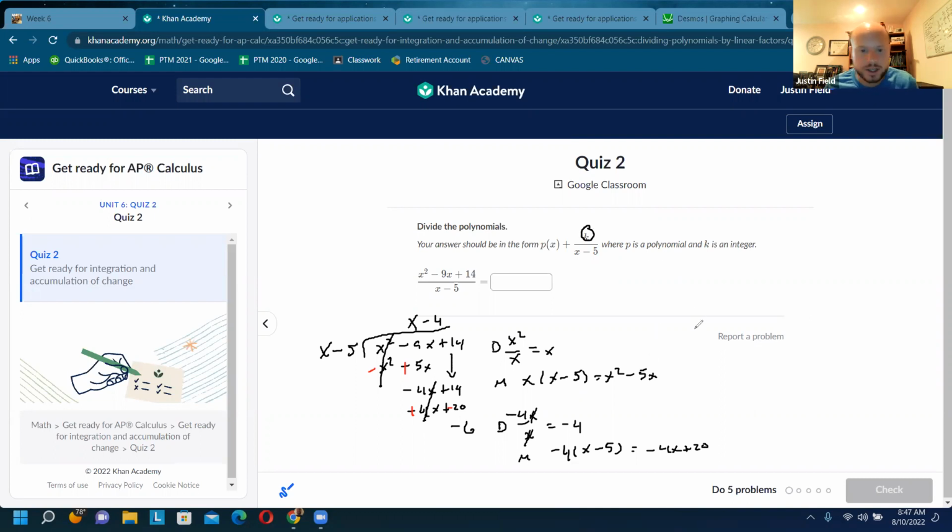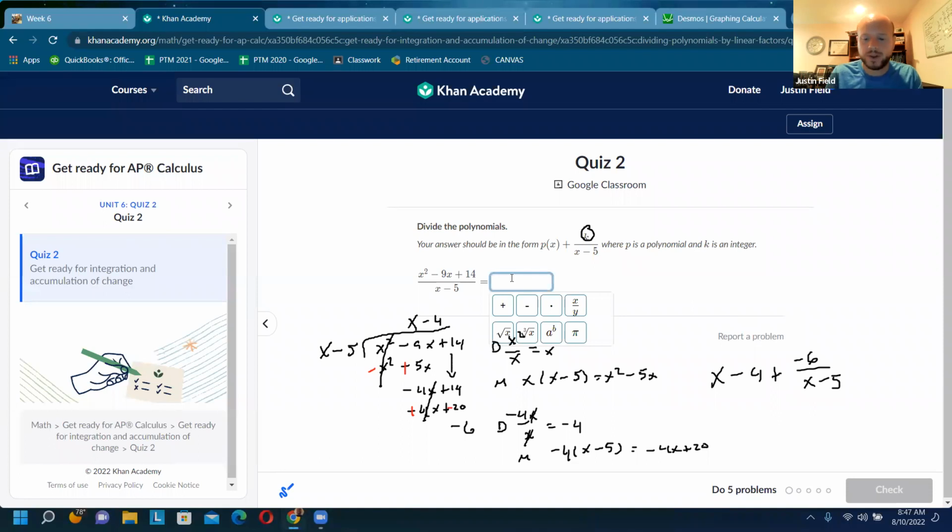So this answer would be x minus 4 plus negative 6 over x minus 5. When we write it in polynomial form, we put the remainder over top of the divisor.